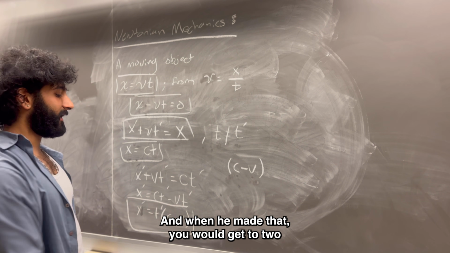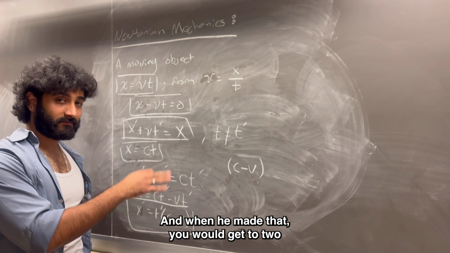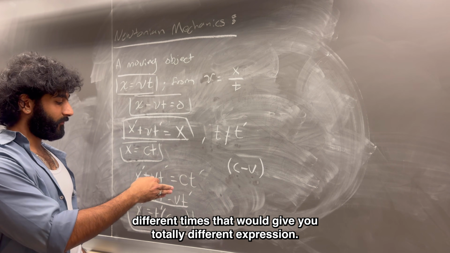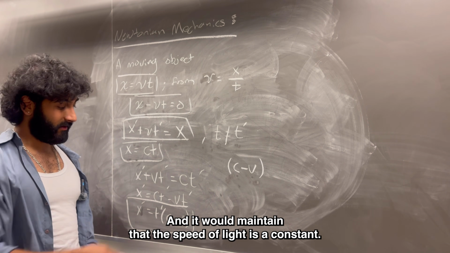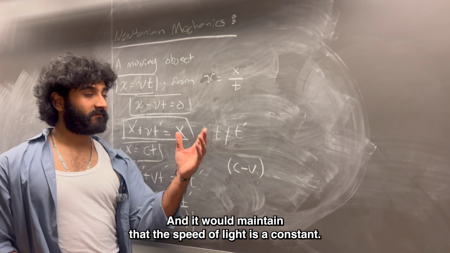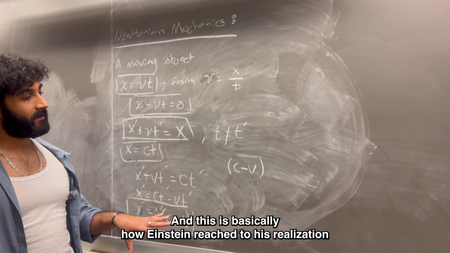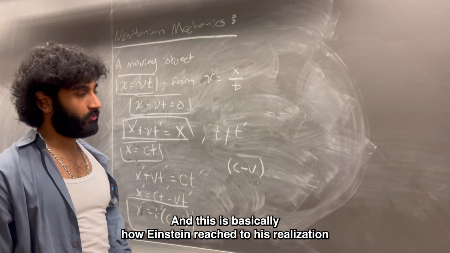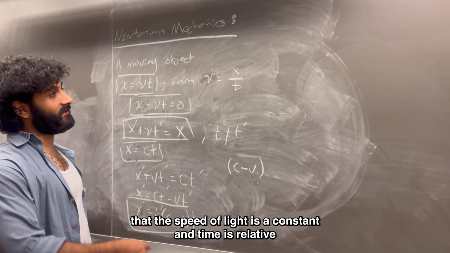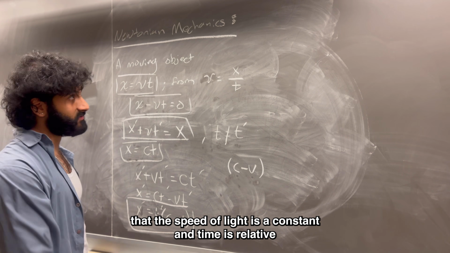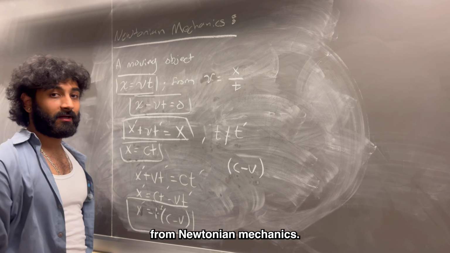And when he made that, you would get two different times that would give you a totally different expression, and it would maintain that the speed of light is a constant. And this is basically how Einstein reached his realization that the speed of light is a constant and time is relative, from Newtonian mechanics.